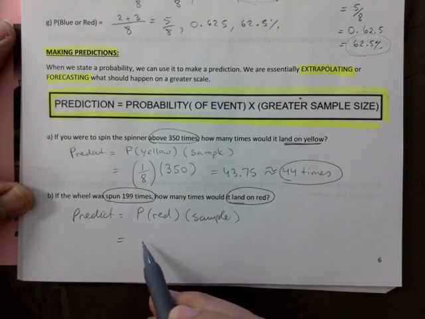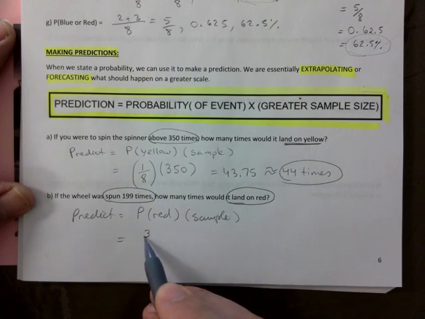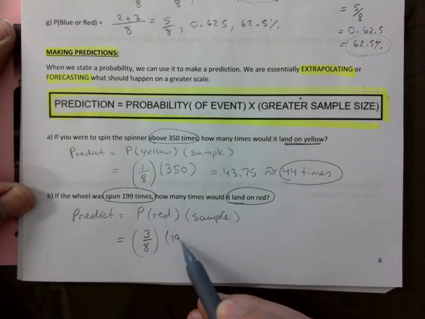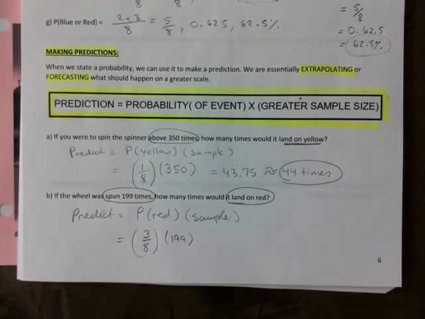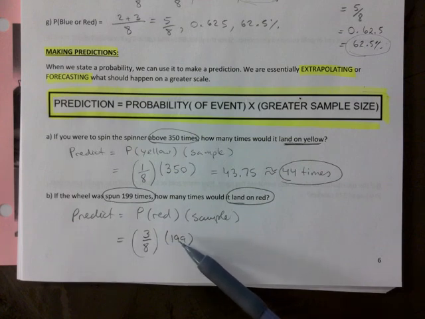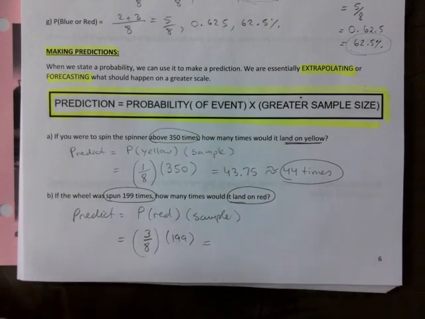What's the probability of it landing on red? 3 out of 8. So you're basically saying, if you were to spin it 8 times, it would land on red 3 times. And now you're asking yourself, well, what if I would spin this thing 199 times?